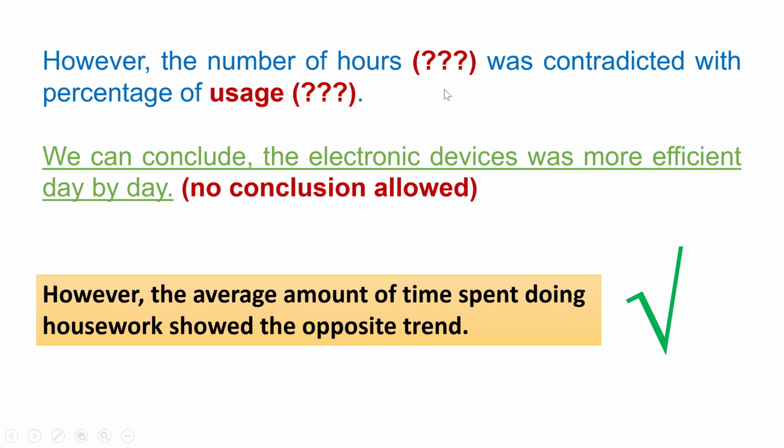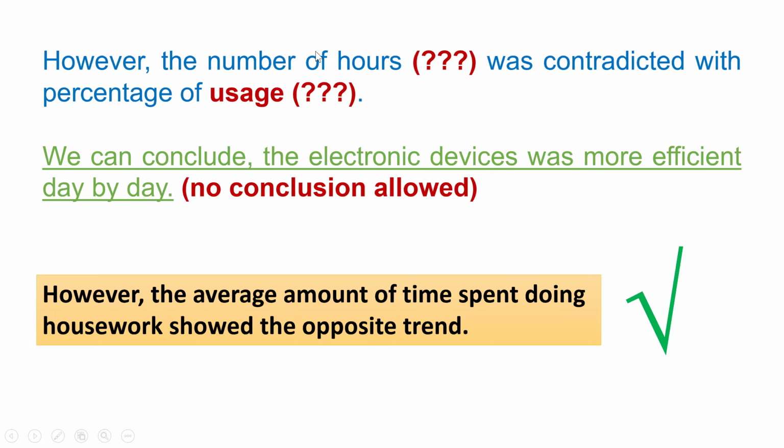It doesn't clear. So you should state what you mean. The number of hours used in doing housework was contradicted with the percentage of the ownership level.